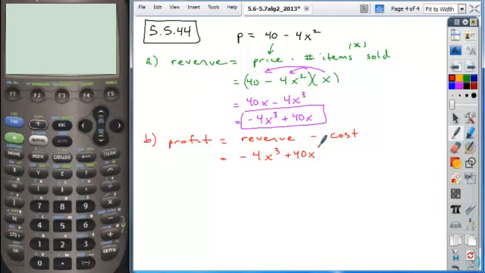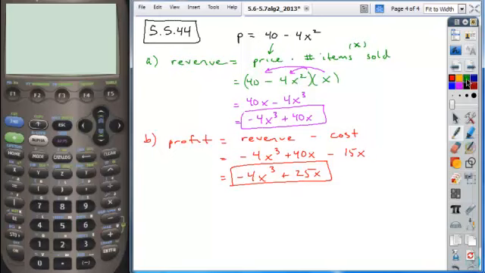There's the revenue, and from that we subtract the cost. Well, the cost isn't just $15, it's $15 per radio. So you subtract $15 per radio, and the number of radios is represented by x. You get this as your new expression for the profit. 40x minus 15x leaves 25x. So this would be the expression you're looking at.